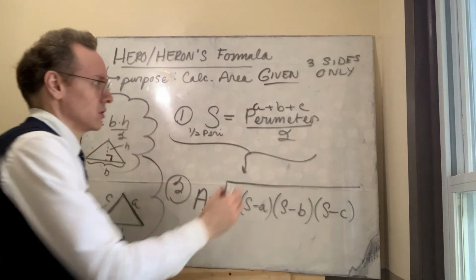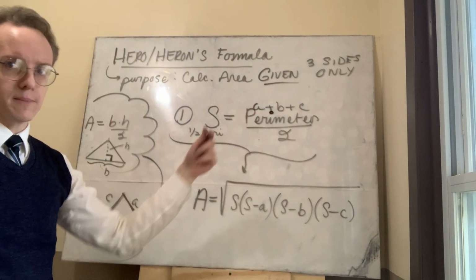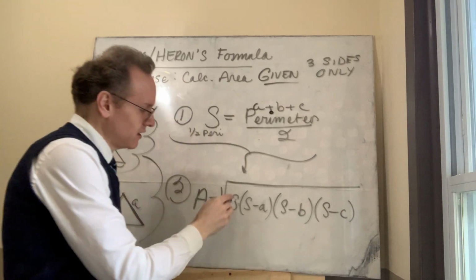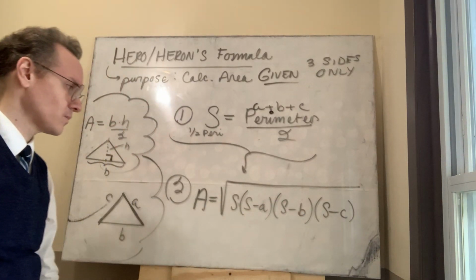You know the perimeter usually, so you could just divide it by 2 first, and then insert it in several places.